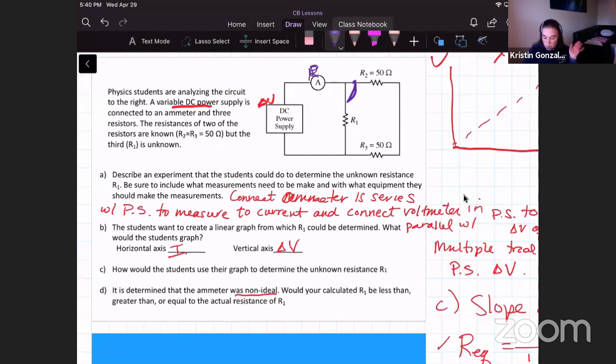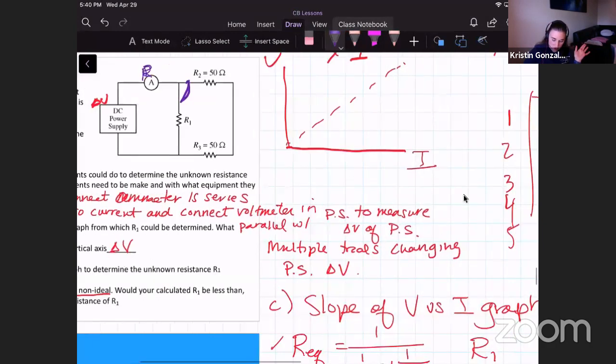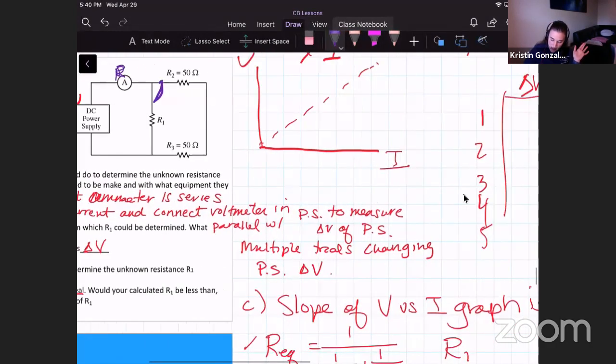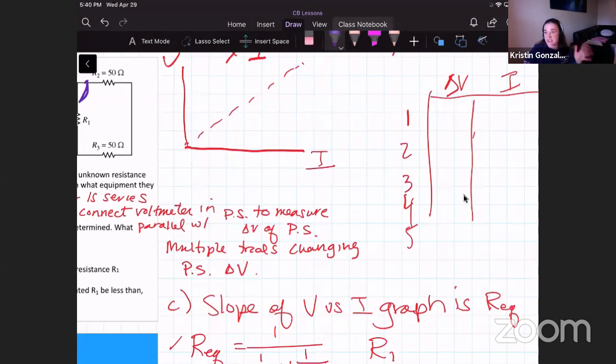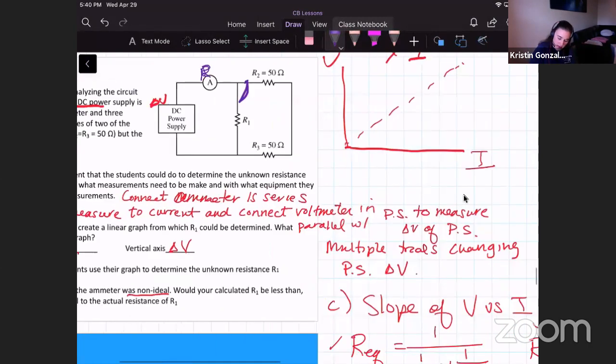So let's say when we did this data and found the slope and plugged it in, we got an equivalent resistance of 60 ohms. When we said the amp meter was ideal, that 60 ohms was just the equivalent resistance of those parallel branches.